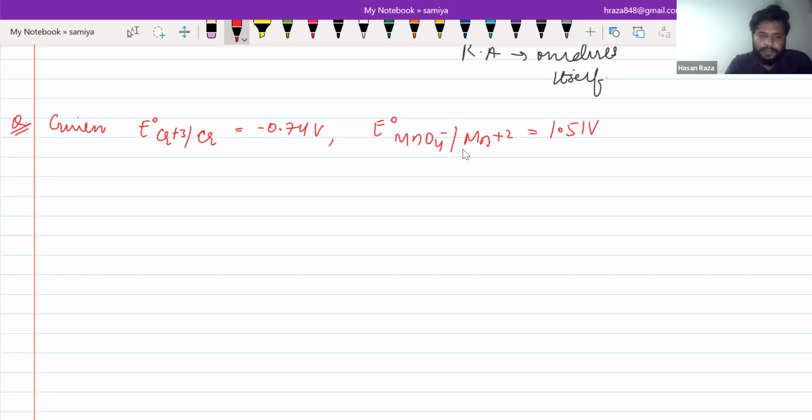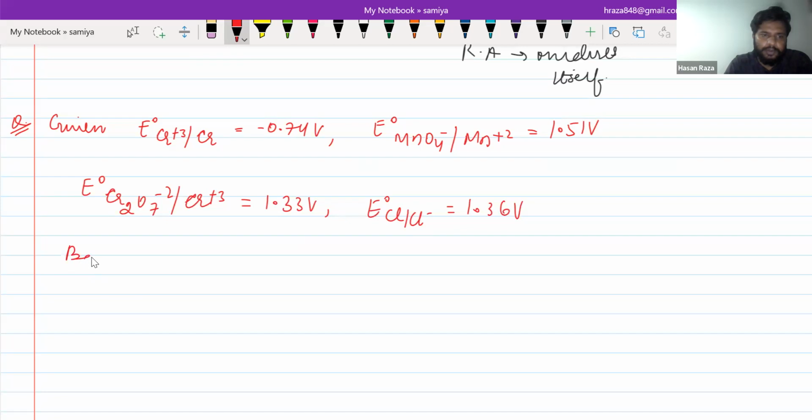Before giving answer, cross check it at least once. E naught Cr2O7 minus 2 slash Cr plus 3 will be equal to 1.33 volt. E naught Cl slash Cl minus will be equal to 1.36 volt. Based on the data given, I will give option also.